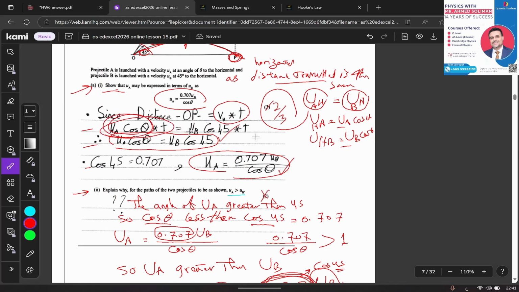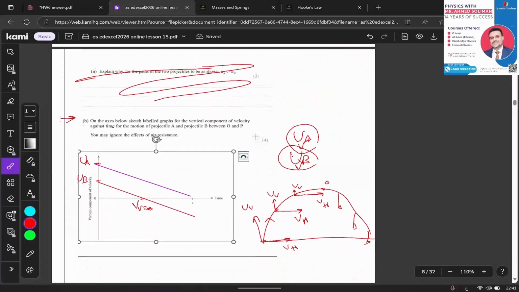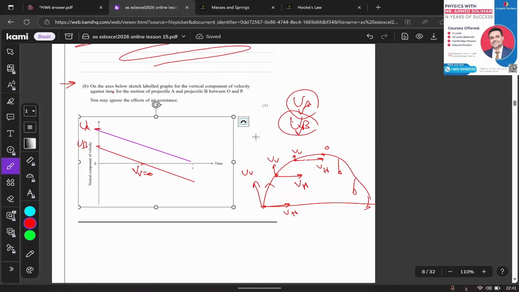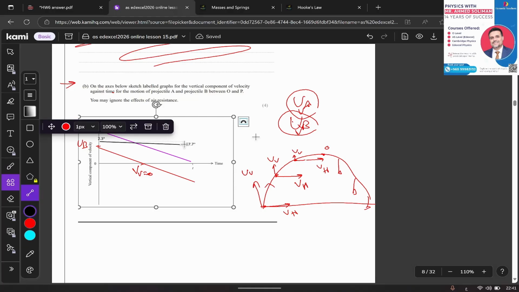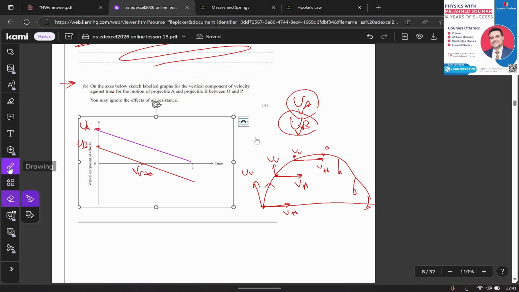The horizontal component is the same. So if we are asked to draw the horizontal component, both will be like this. There is no change. Okay, Mirula? Okay. Thank you. Because in the horizontal component there is no force as we ignore air resistance. Do you understand, Habiba? Yes. Okay.